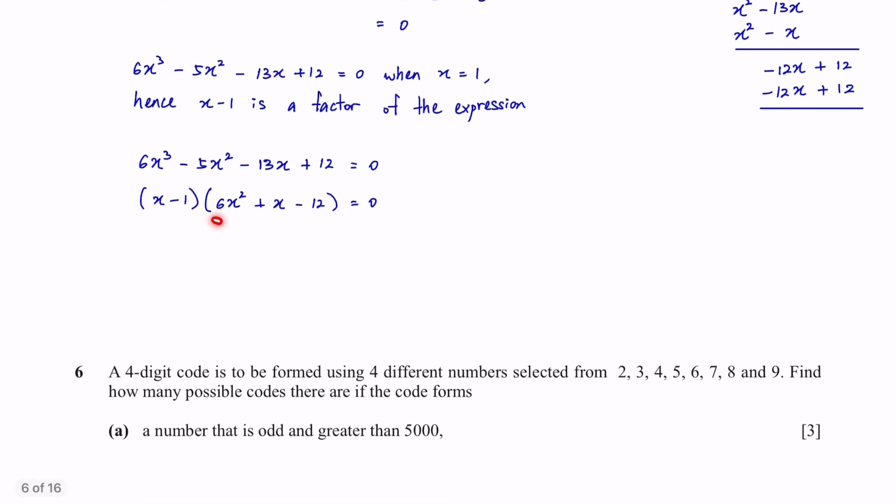And we factorize this part as well. So x minus 1 remains the same. And factorizing the quadratic expression, we have 2x plus 3 and 3x minus 4 equals 0. So x would be equal to 1, negative 3 over 2, and 4 over 3.